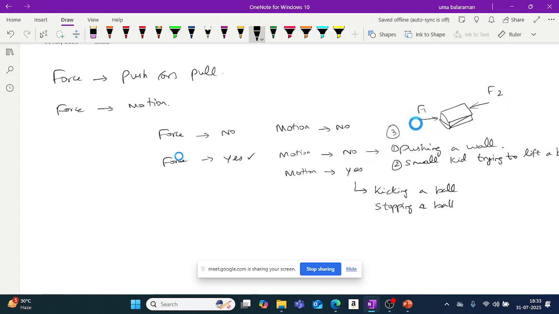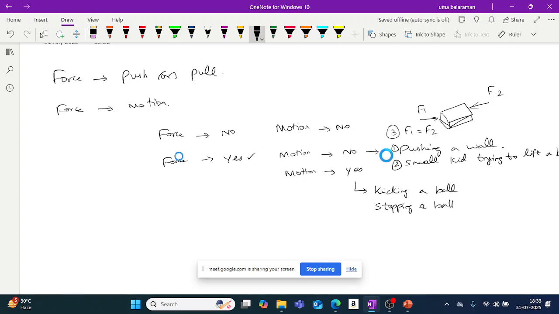Multiple forces are acting, but still the book is not moving. Equal and opposite. So force is there, but there is no motion. So F1 is equal to F2, equal and opposite, then also there is no motion. So there can be force, but no motion.